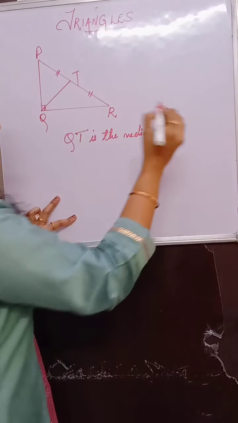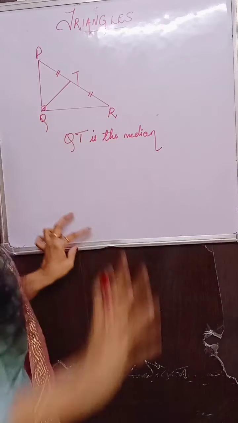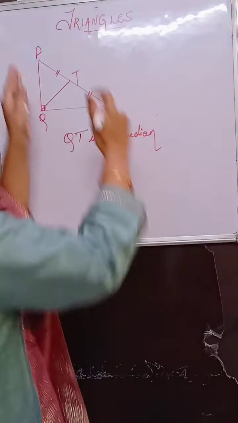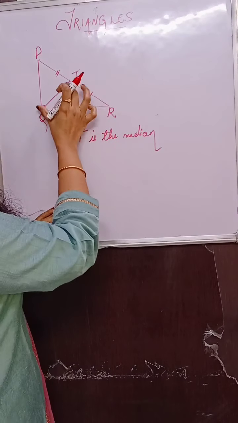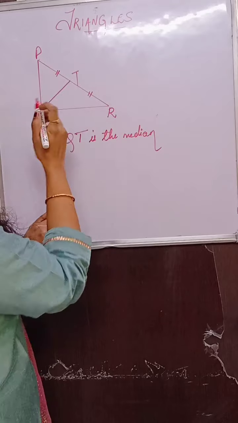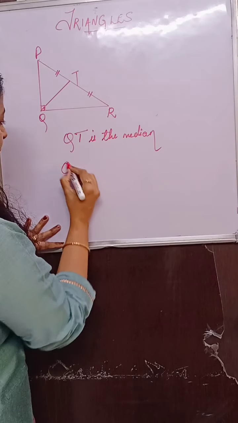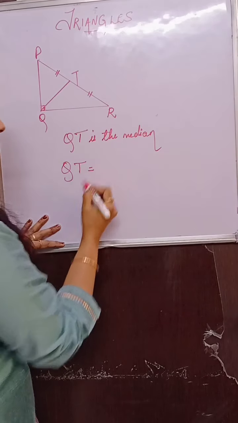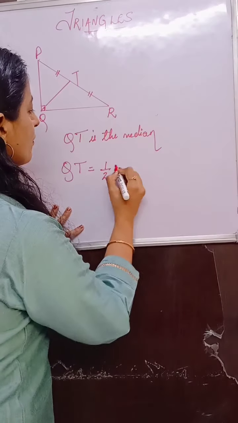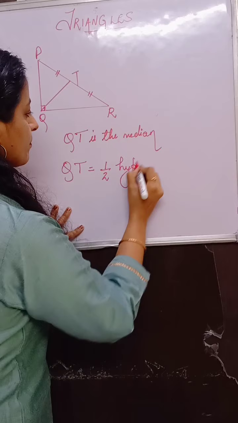QT is the median, and this median is drawn on the hypotenuse. When you have a median drawn on the hypotenuse, this median QT is equal to half of the hypotenuse.